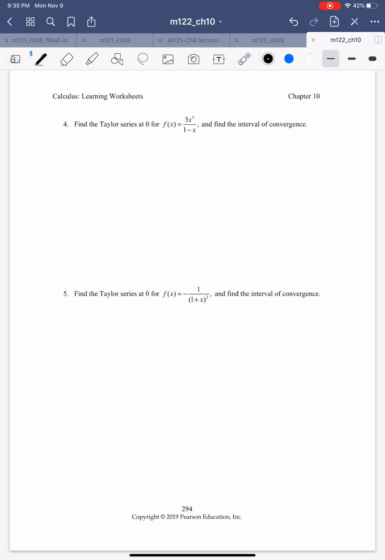Number 4, try on your own. Your series will end up looking like 3x cubed plus 3x to the 4th, 3x to the 5th, up to 3x^n plus 3. And then the interval of convergence is negative 1 to 1. Last one for you to try on your own.